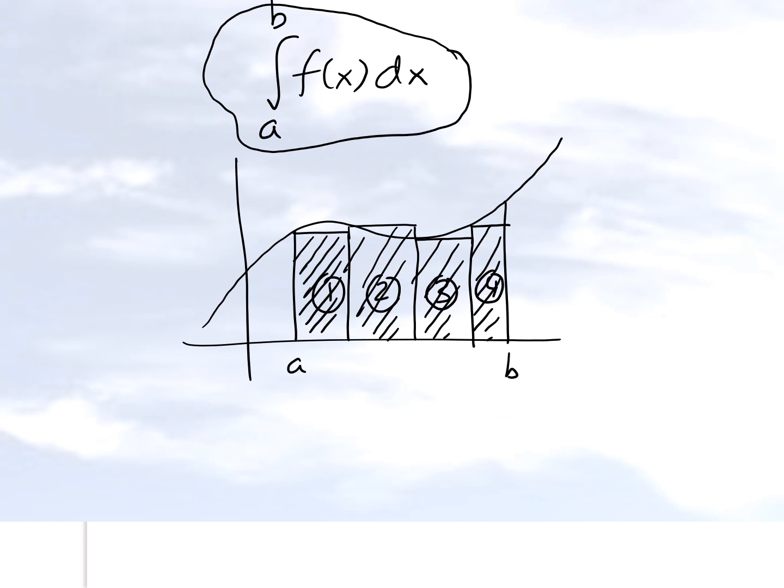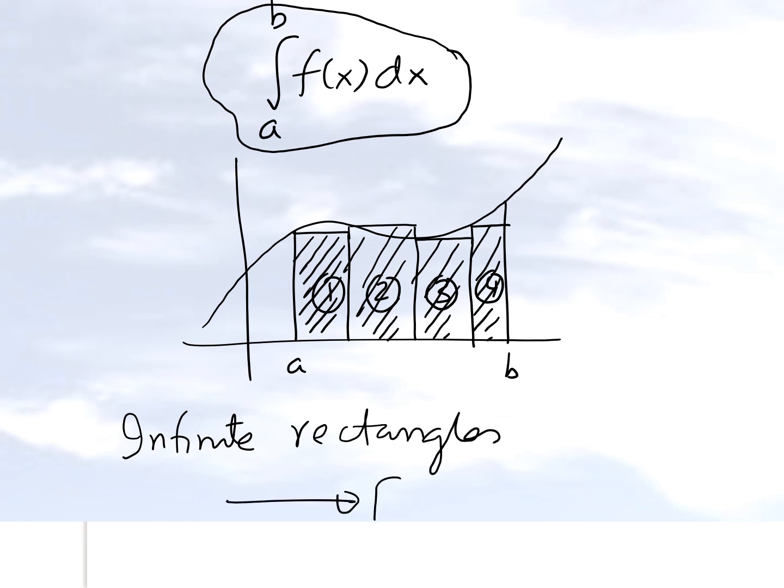And we know from our integral calculus class that if I would choose infinite such rectangles going from a to b, then I'll get the exact value. So that's where the truncation error is coming from. The truncation error is coming from approximating a math procedure, the exact math procedure which requires us to use infinite rectangles, but I'm using only a finite number of rectangles.